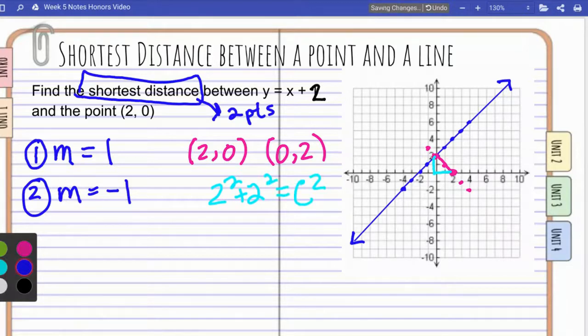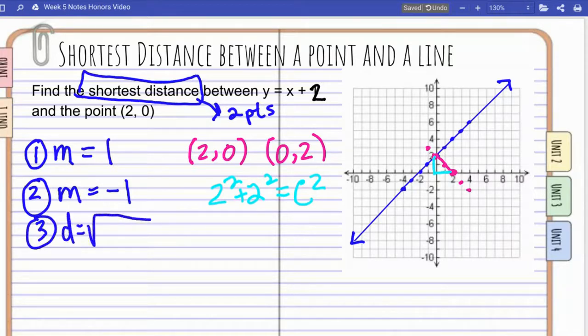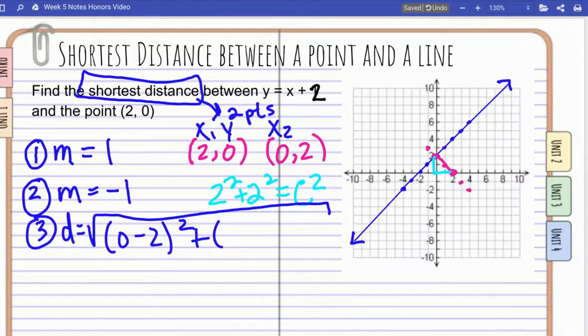Some of us like using the distance formula. It's equal to the square root of, remember we take the x values, x1 and x2, and subtract them, so 0 minus 2 squared, plus we take the y values and subtract them, 2 minus 0 squared.